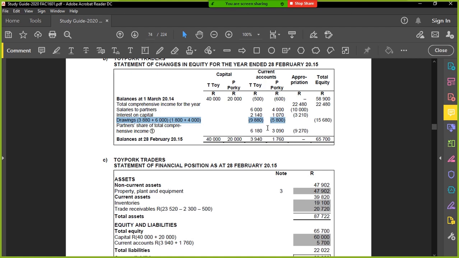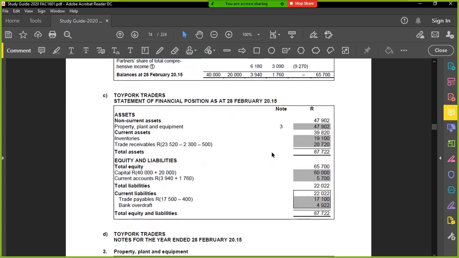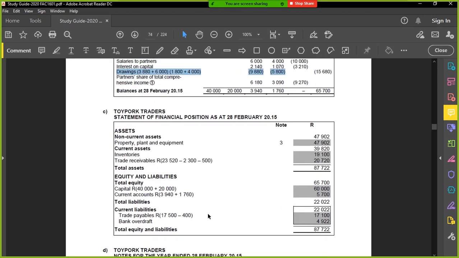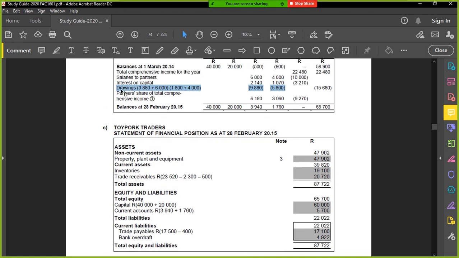They also, for the bank overdraft, didn't add the 10,000. I don't know if you've noticed. The bank overdraft, they left it as 4,922 because they assumed it was paid from the drawings. They've taken it out of drawings and closed it off to drawings because there's the +6. All right, I get you.